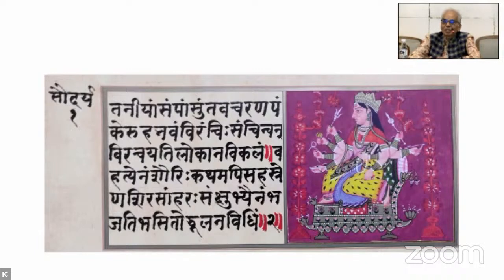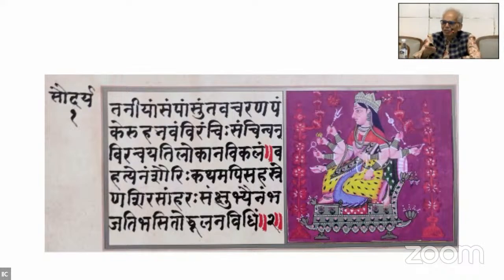Shauri bears that particle on all his heads. Hara sankshubhyainam bhajati bhasitoddhulana vidhim. And Shiva also picks up that small particle and gets himself besmeared with the vibhuti or bhasma. So this is the vibhuti of the dust fallen from the feet of the goddess.